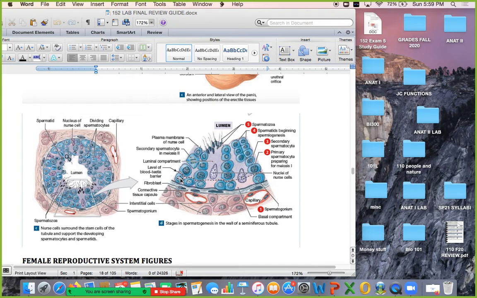It's similar to the blood-brain barrier that's going to help prevent certain things from crossing into or out of the testes. It's actually been kind of a barrier to certain testicular cancer drugs because it's really hard to get things across the barrier. But I digress. My point is that first we start with this primary spermatocyte, then we get a secondary spermatocyte, finally we get a spermatid, and eventually a spermatozoa.